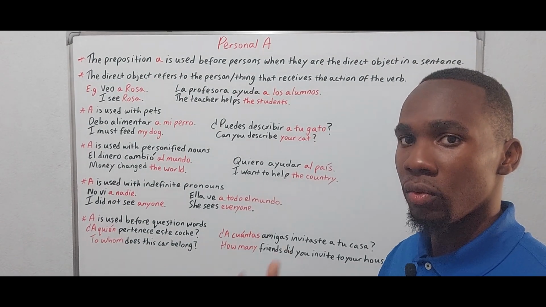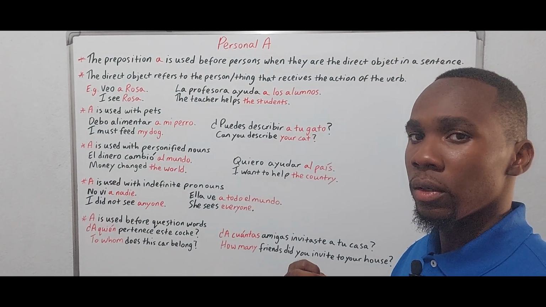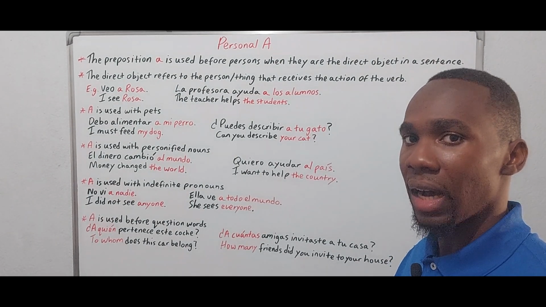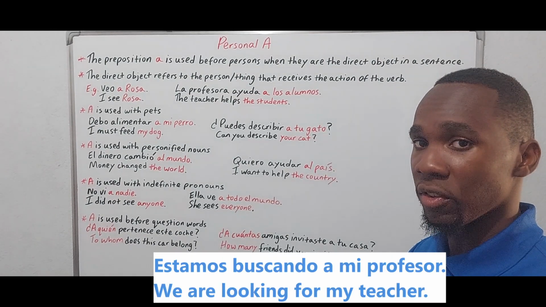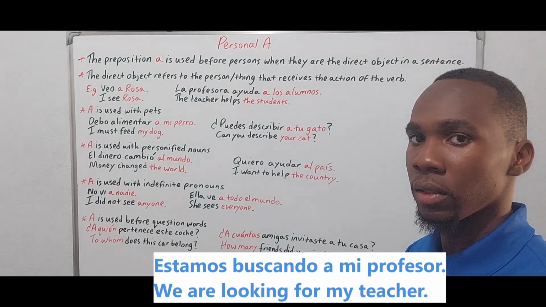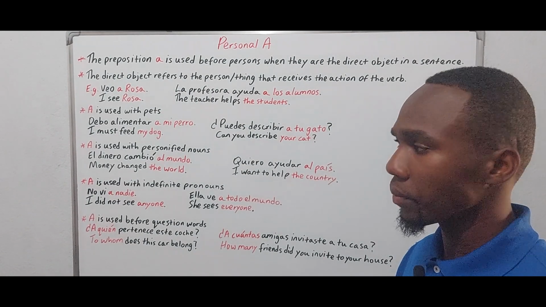Estamos buscando un profesor. But if I say, estamos buscando a mi profesor, then I need to use a because mi profesor is someone specific, right? So we are looking for my teacher. This is someone that you know, right?